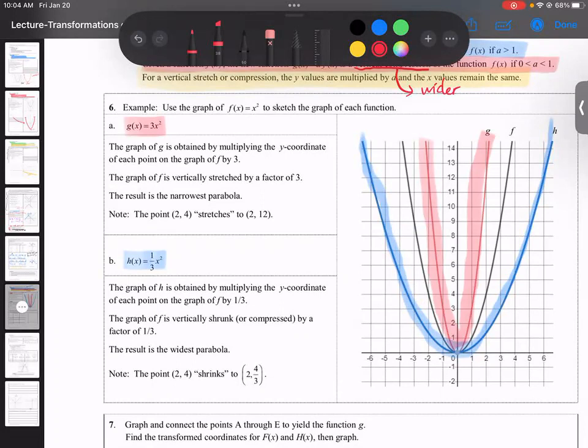So it got narrower. Now, how much do I stretch or shrink? If you multiply by 3, you stretch by 3 times the original, right?